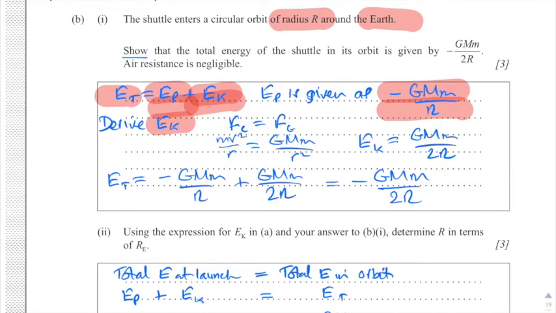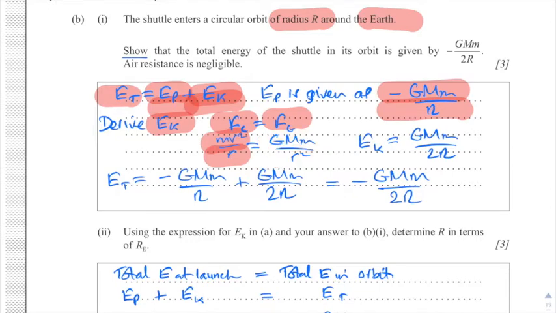So how do you derive EK in this form? Well, what we do is we take our minds back to centripetal force, which is mv squared over r, and gravitational force, which is GMm over r squared. For an orbiting object, those two will be equal to each other.